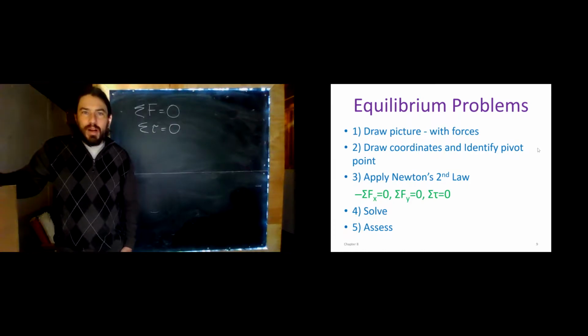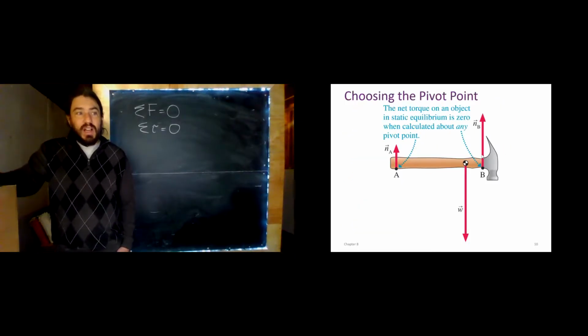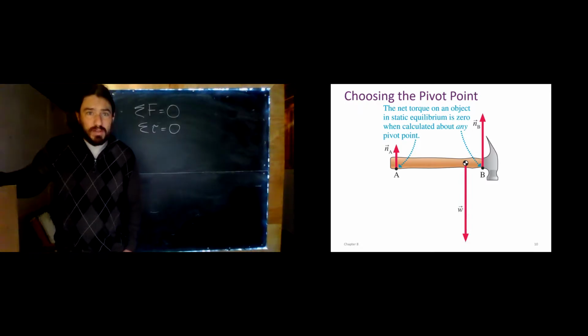But in these equilibrium problems, we're often talking about things that aren't rotating. And so picking the pivot point can be a challenging step. The good news is there are no wrong answers. There are maybe more convenient choices and less convenient choices. But as long as you go through the process of picking a pivot, then it all works.